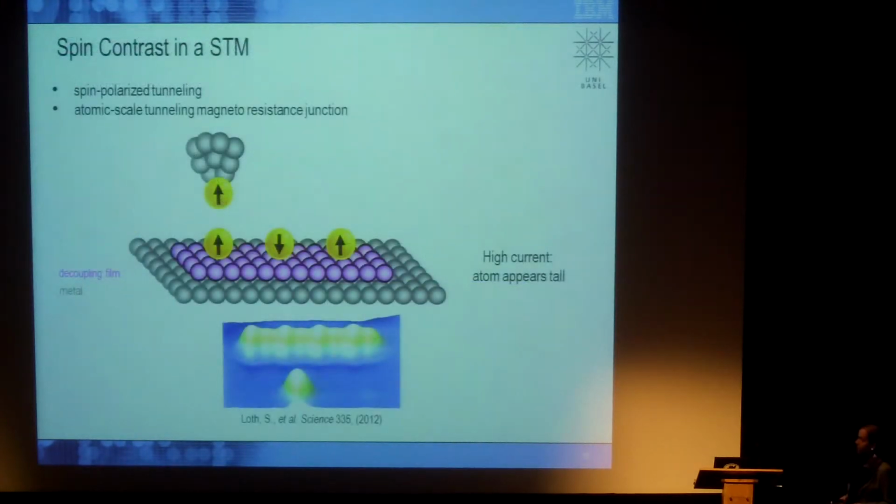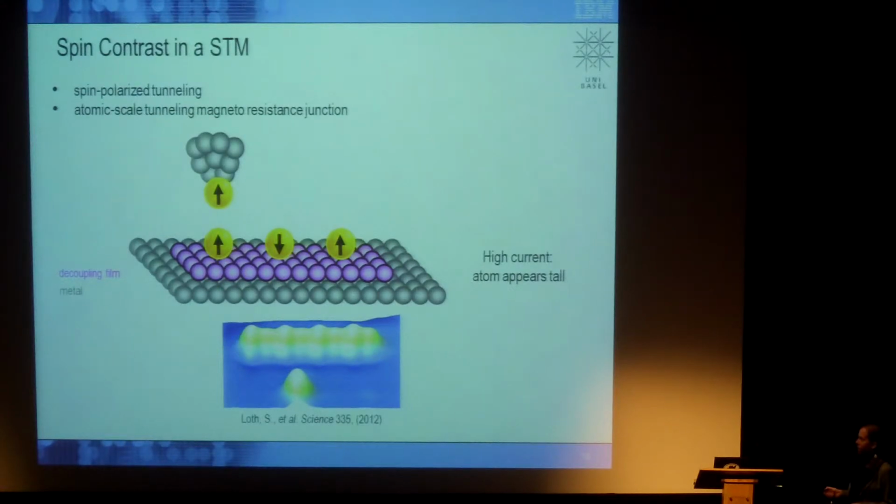Now, why does this work? This is because we use spin polarized tunneling. We take individual iron atoms and transfer them to our tip, to make our tip magnetic. And then we have spin polarized tunneling, which is basically an atomic scale tunneling magnetoresistance junction. Here I have an example of this, just to visualize it a little bit.